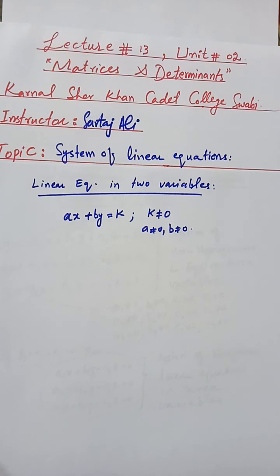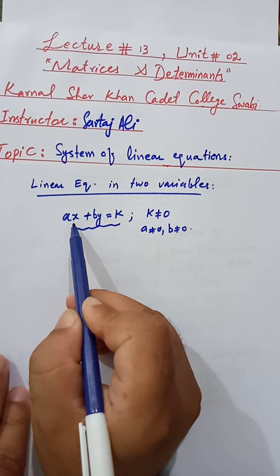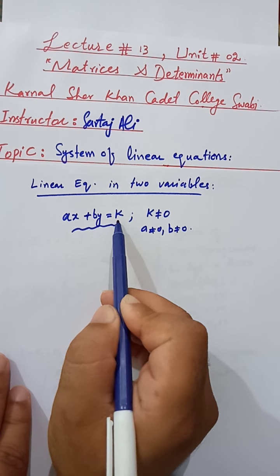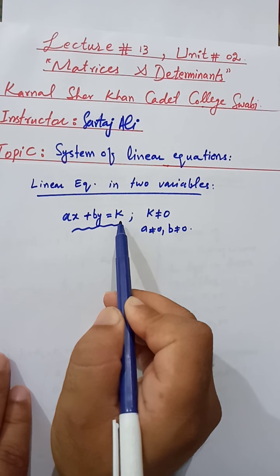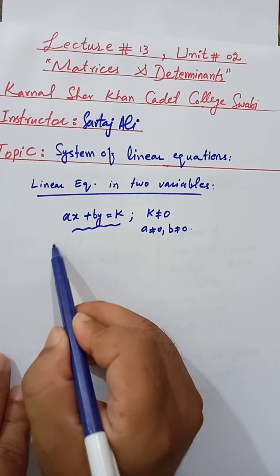So this equation is non-homogeneous because in this term the power of the variable is 1, here the power of the variable is 1, but on the right side there is a constant, where the power of the variable is 0. So that's why this is a non-homogeneous linear equation.